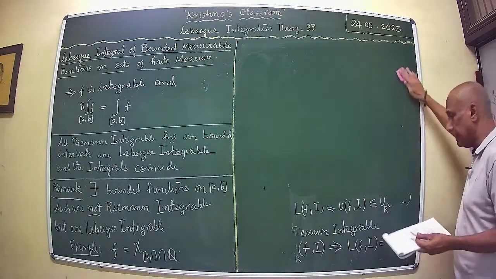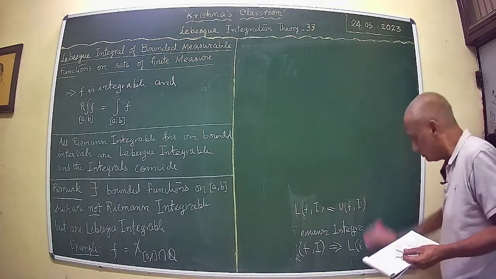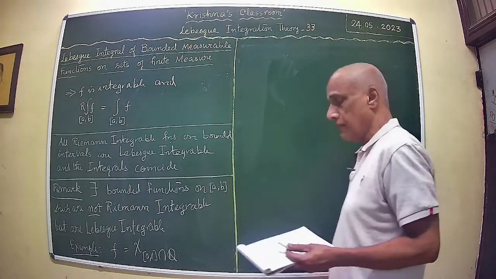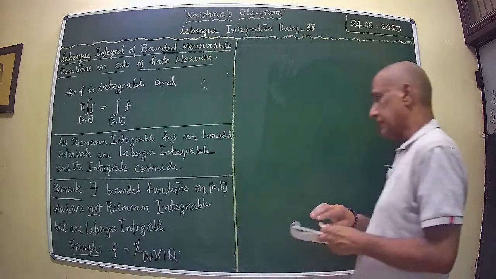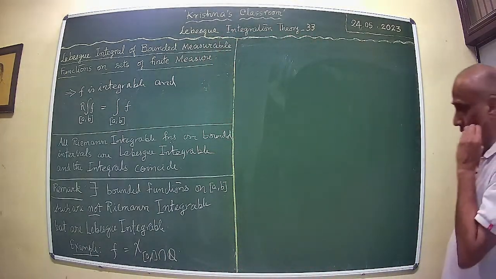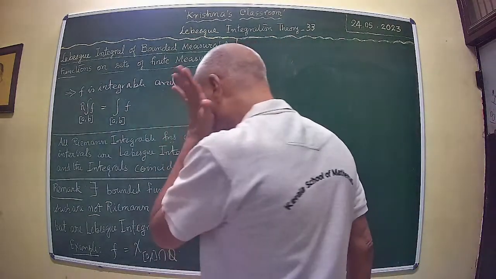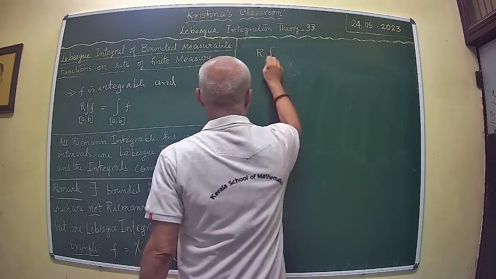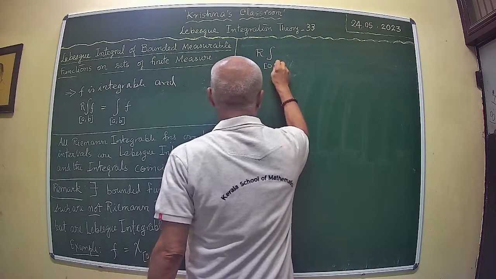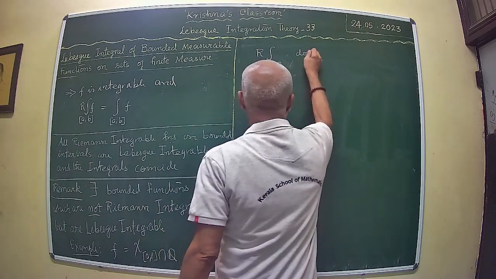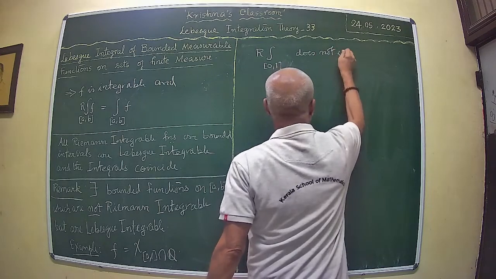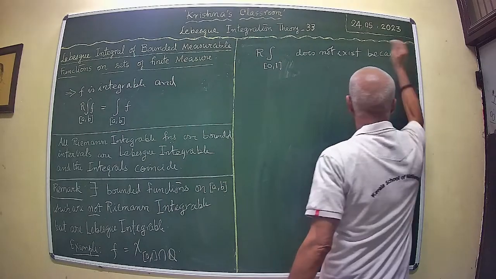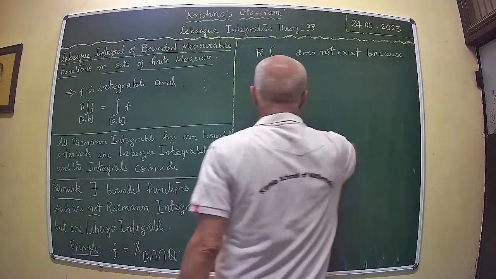Now this we have analyzed earlier. This is the function which takes the value 1 at all rational points on the interval 0, 1, elsewhere 0. Now you see that the Riemann integral of f does not exist, because what is the reason?